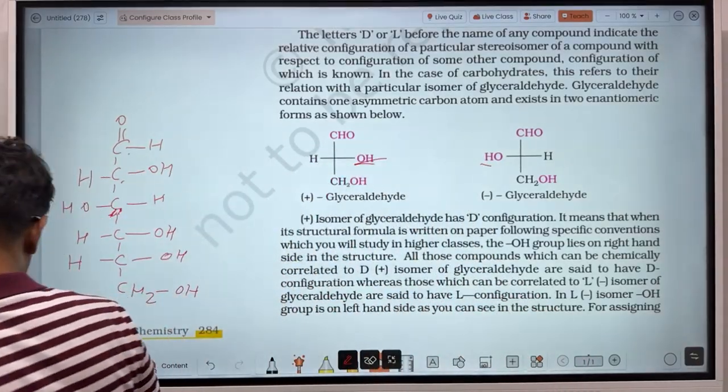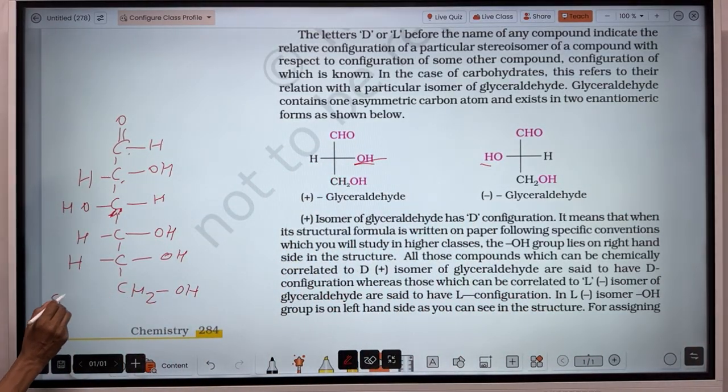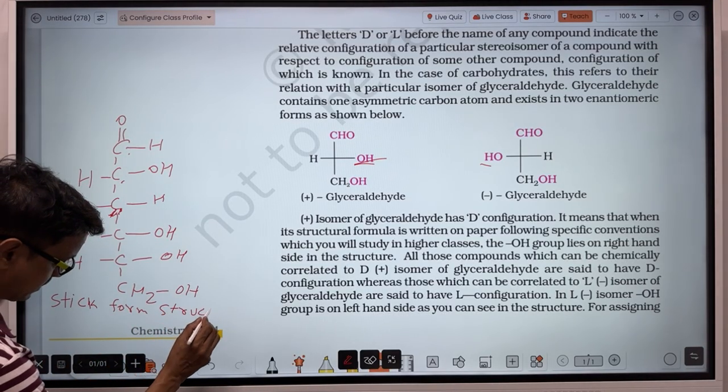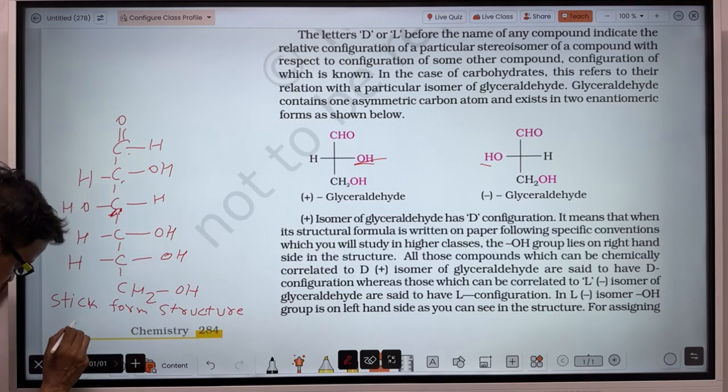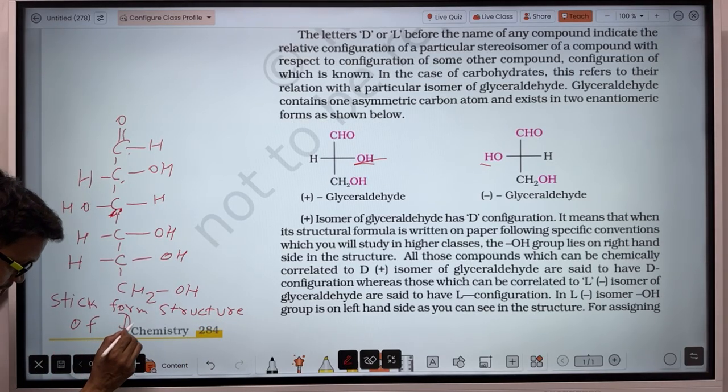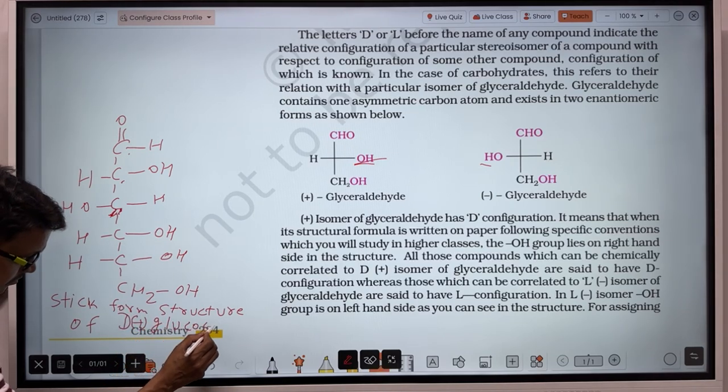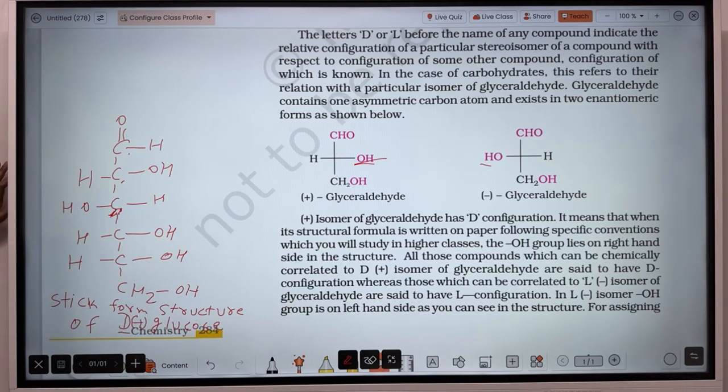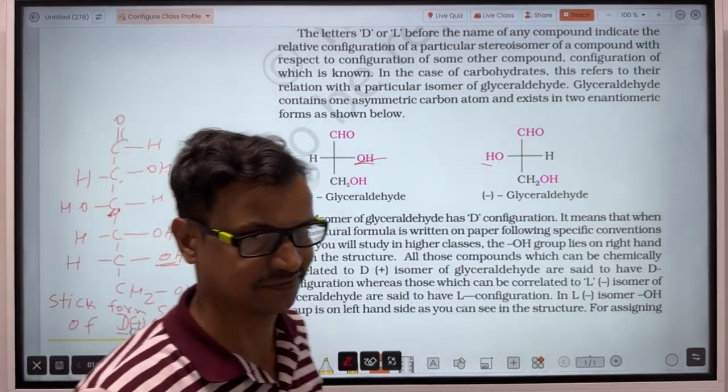So what is the structure? It is the stick form structure of D(+) glucose. Here D, because the OH group at the second last carbon atom is towards the right hand side, and plus sign because glucose is a dextrorotatory compound.